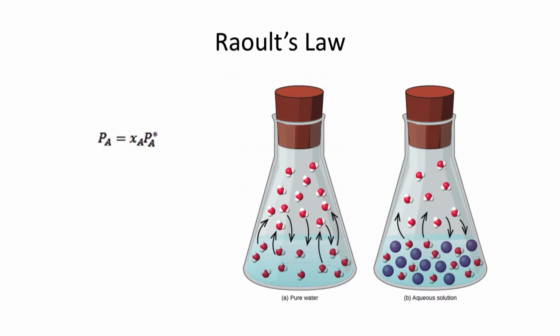Okay, Raoult's law basically says that the partial pressure of something in a solution is equal to the mole fraction of the solute multiplied by the vapor pressure of the pure solvent.